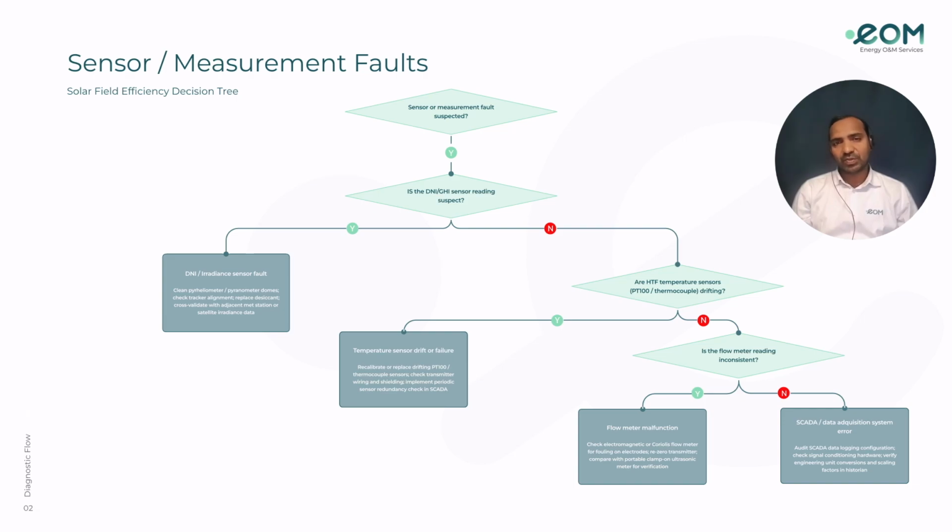That includes issues such as scaling errors, incorrect engineering unit conversions, unstable signal conditioning, or historian configuration problems. The key takeaway from this section is simple. Never troubleshoot the plant until you fully trust the measurements.